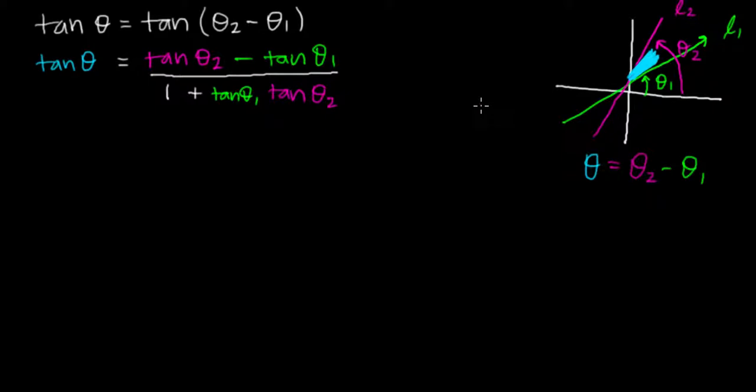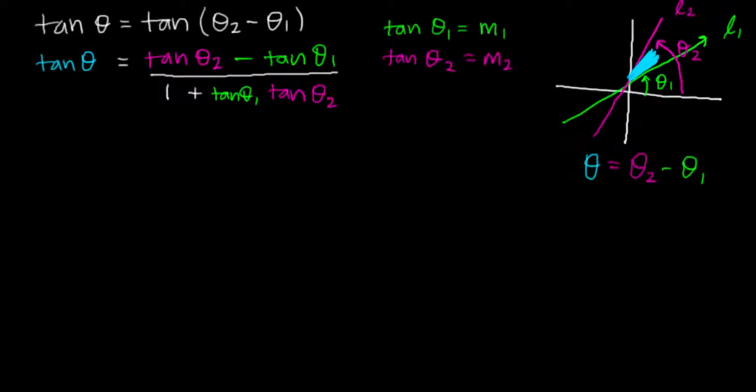And then this is going to lead us to an even simpler equation rather than having all these tangents here. If you recall from the last video, the tangent of theta 1 is in fact just equal to the slope of that first line, and the tangent of theta 2 is just equal to the slope of that purple line.